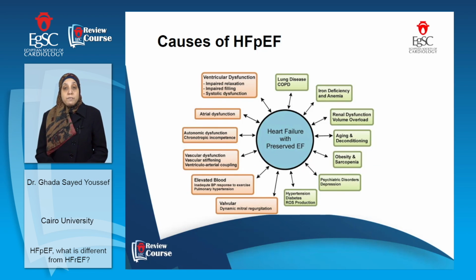While patients with heart failure with preserved ejection fraction have a heterogeneous syndrome, the causes of heart failure with preserved ejection fraction may be cardiac or non-cardiac. The cardiac causes may be ventricular dysfunction, diastolic dysfunction as evidenced by echo parameters, and some patients with HFpEF have subtle left ventricular systolic dysfunction, as we will see later.